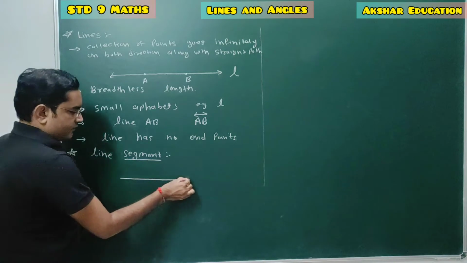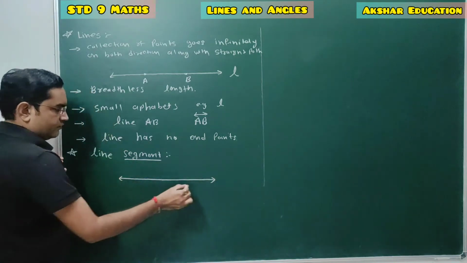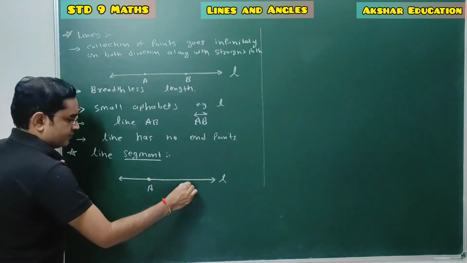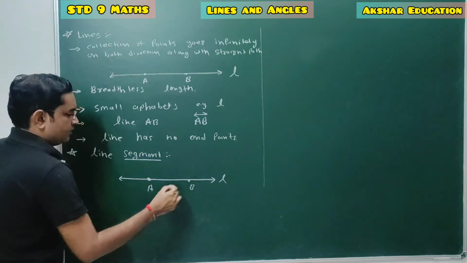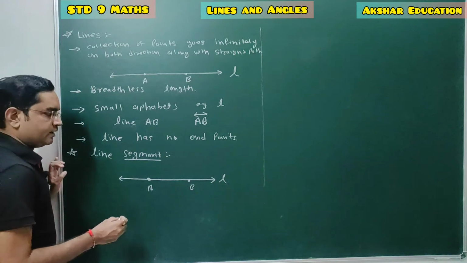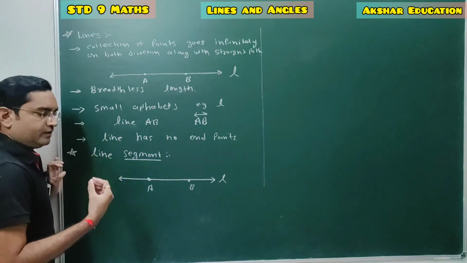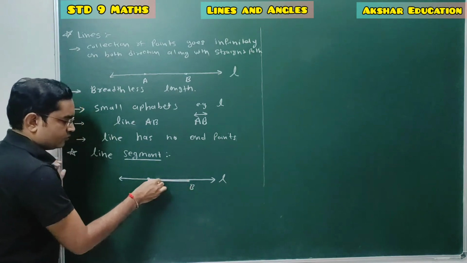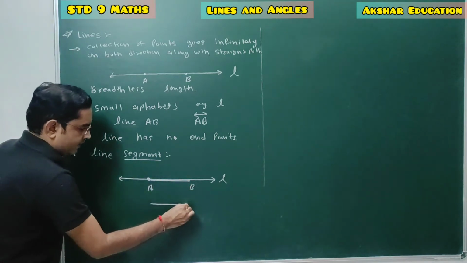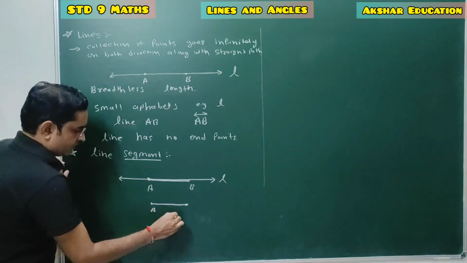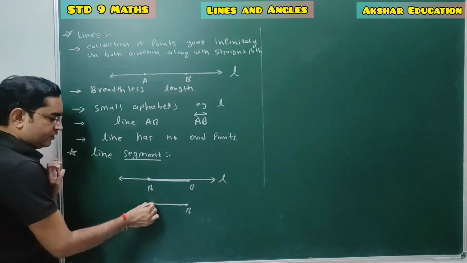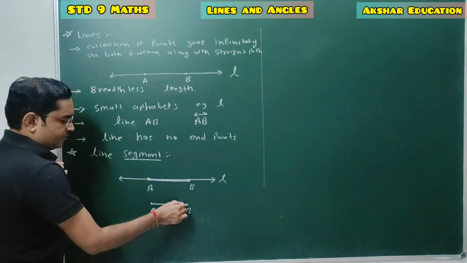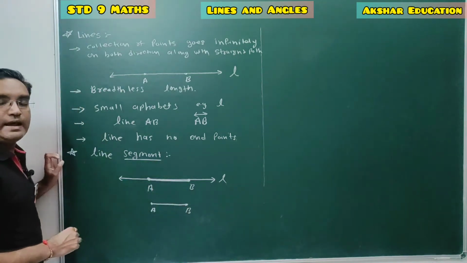So let us now consider one line L. This is our line L, and 2 points on the line are A and B. If we consider the part of the line, that means the collection of points between these 2 points A and B, and points A and B also. So all the points from this point A to point B, from here to here, that part of the line is known as a line segment.